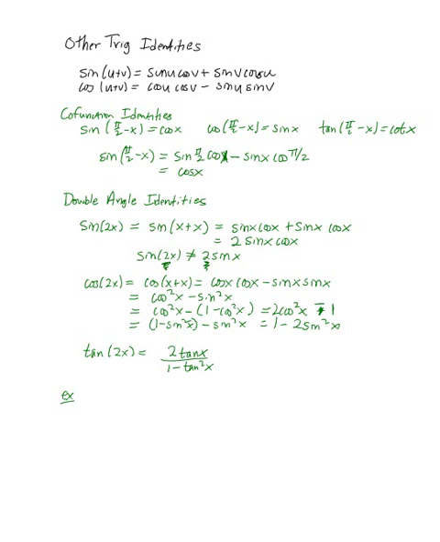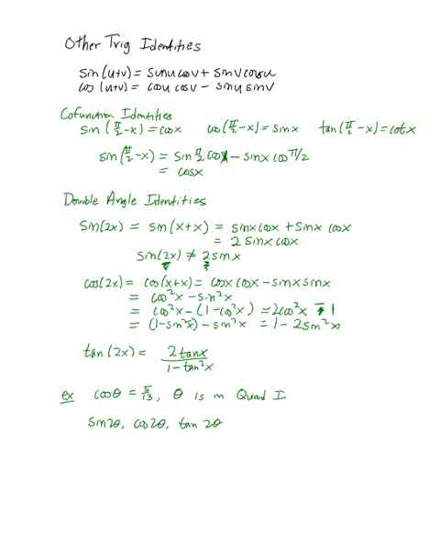All right, so here's a couple of examples of using these identities. Let's say you're told cosine theta is 5/13 and theta is in quadrant 1. I want to know the value of sine 2 theta, cosine 2 theta, and tangent 2 theta.